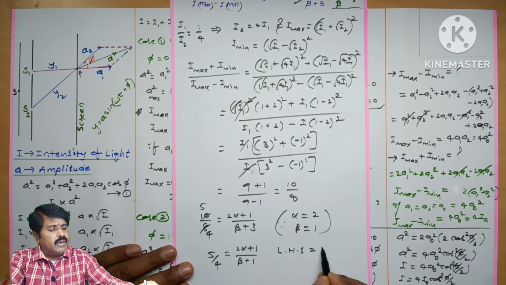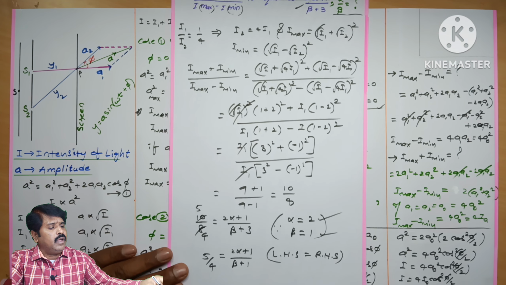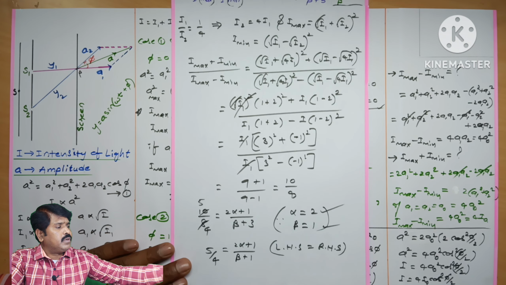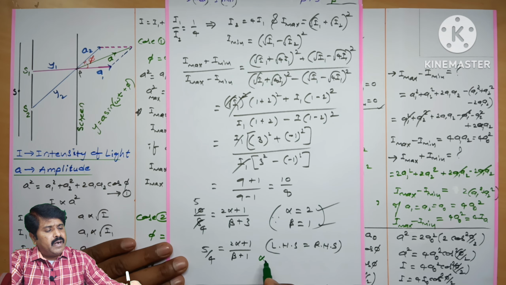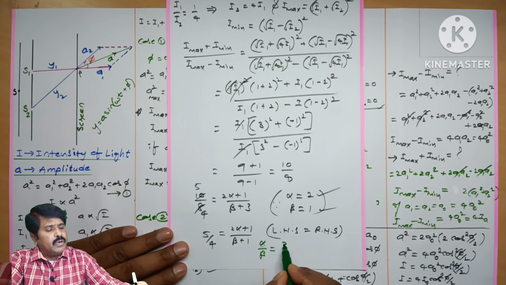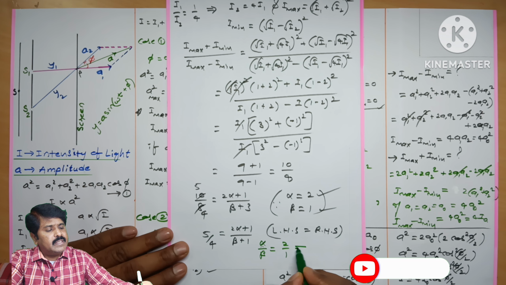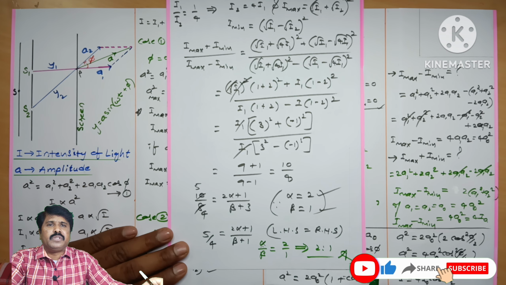LHS is equal to RHS. So for this alpha is equal to 2 and beta is equal to 1. So according to the question there, we have to replace the value, that is alpha divided by beta is equal to 2 divided by 1, that is the answer is 2:1 for the given question.